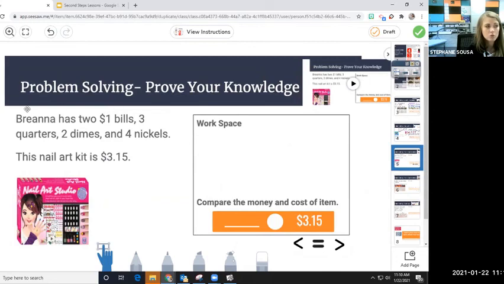Remember, you will draw the amount of money and count it using a strategy that works for you. If that's addition, if that's mental math, if that's grouping the coins, however you'd like to, okay? Draw the money, count the money, and then compare. Okay, so you're going to draw, count, and compare.